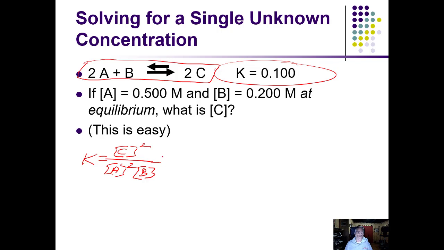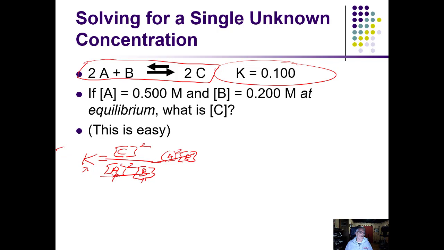Now, what I'm solving for is the concentration of C, because I'm given the other concentrations, and I've been given K. So I really only need to solve for the concentration of C. What I would do here is simply multiply by A squared times B. That's going to cancel it over here.